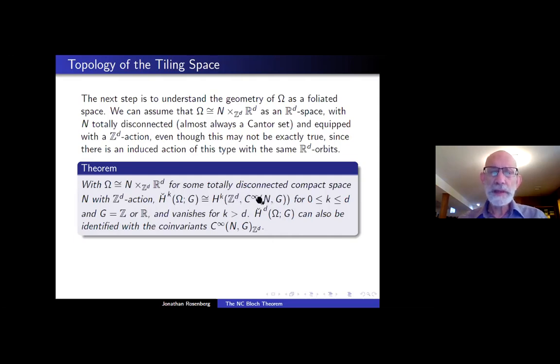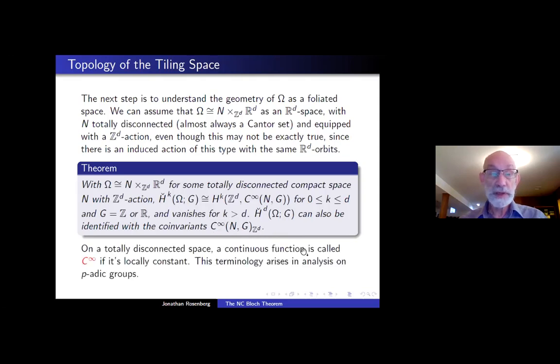This thing will be non-zero only for k between 0 and d, and it vanishes in the higher degree. And in top degree, the top degree cohomology is the same thing as the co-invariants of Z to the d acting on C infinity functions.